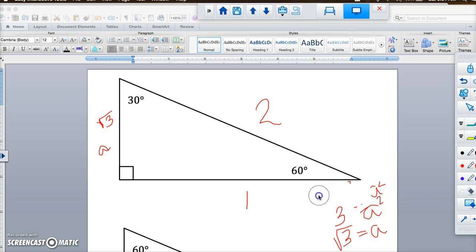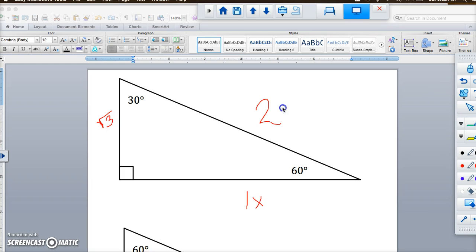I'm going to erase this. Now, all of our other 30, 60, 90 triangles are going to be similar to this triangle. So what that means is the rule is going to be the adjacent side to the 60-degree angle is equal to 1 times x.